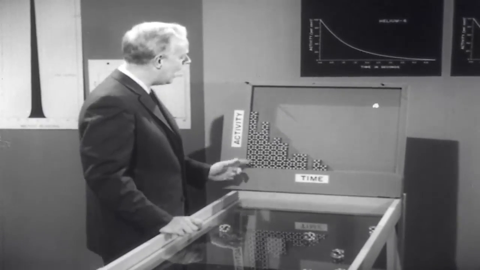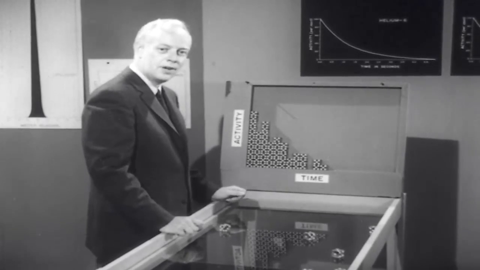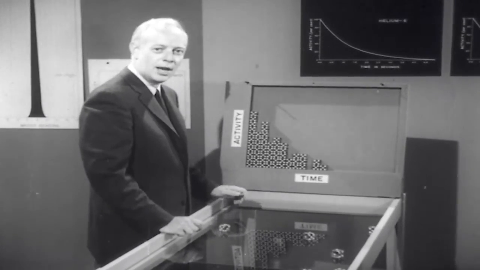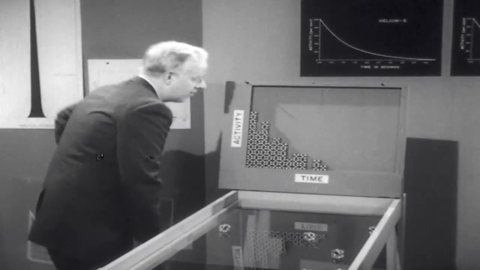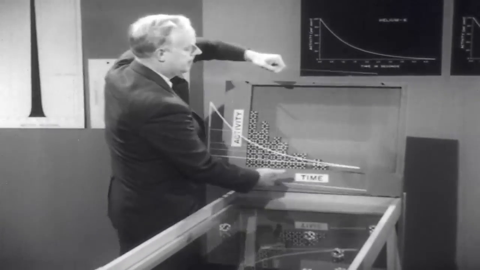This is an activity time graph for this dice game, and I want you to compare it with the activity graph for a radioactive substance.